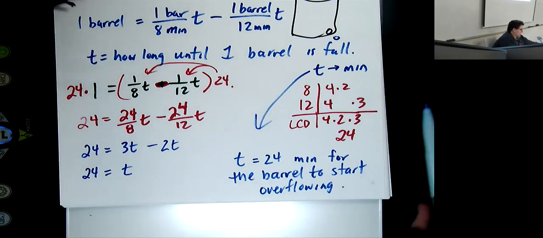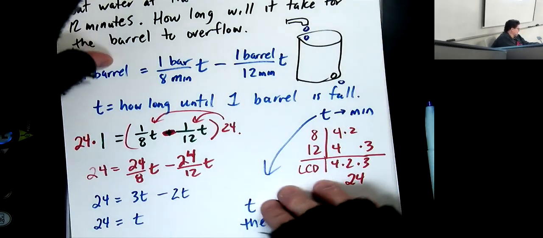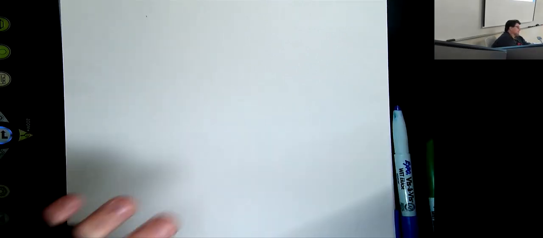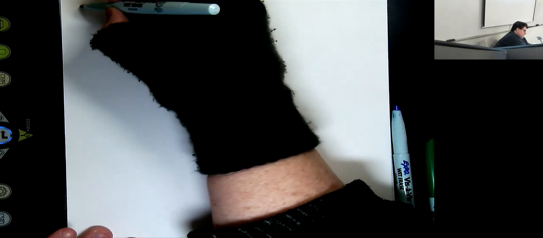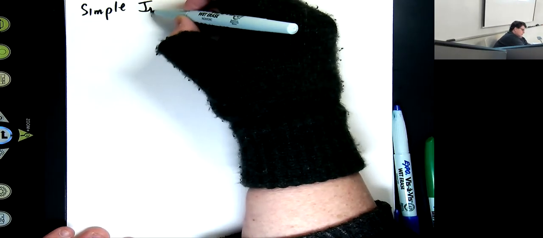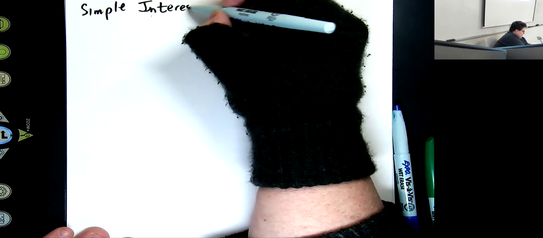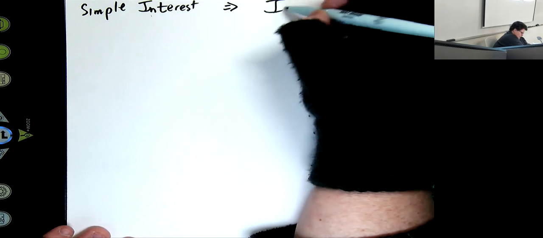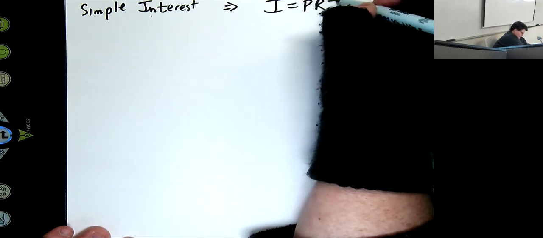All right. Another type of problem that will yield decimals, as often has decimals, is the simple interest problem. I equals PRT.